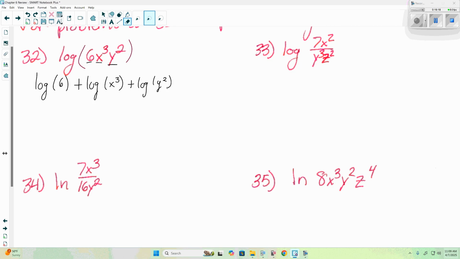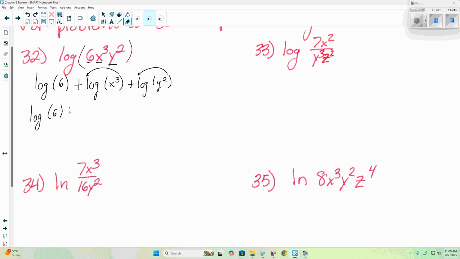Then we will put the power in front of the log. Now, I'm not going to ask you to break the 6 into parts, because we could technically rewrite 6 as 2 times 3 and have log of 2 plus log of 3, no. Leave it as log of 6. And the last one is the power. We pull the exponents to the front.